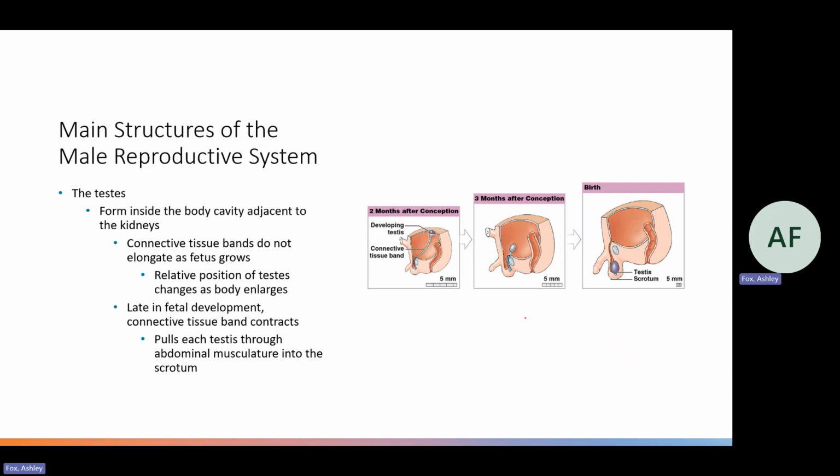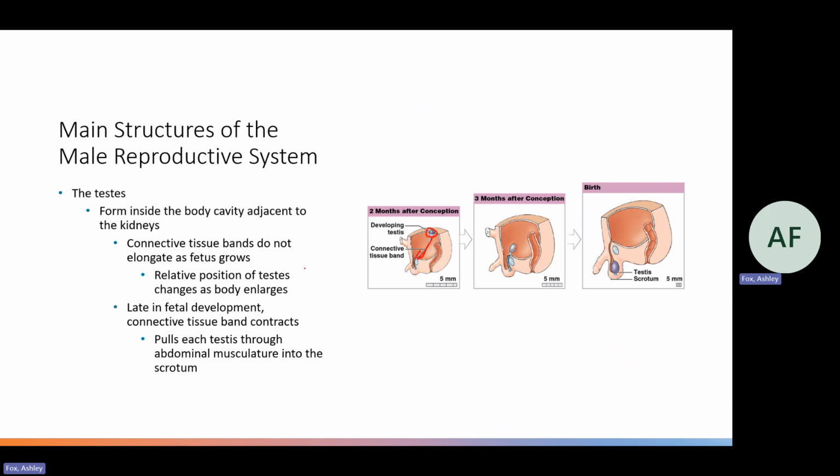So looking at the testes in utero, so in the uterus, testes form, and they're forming in the abdomen. So they actually form in the abdominal cavity, just around the kidneys. So we have a connective tissue band that connects to the testis and connects to the scrotum or down near the scrotum.